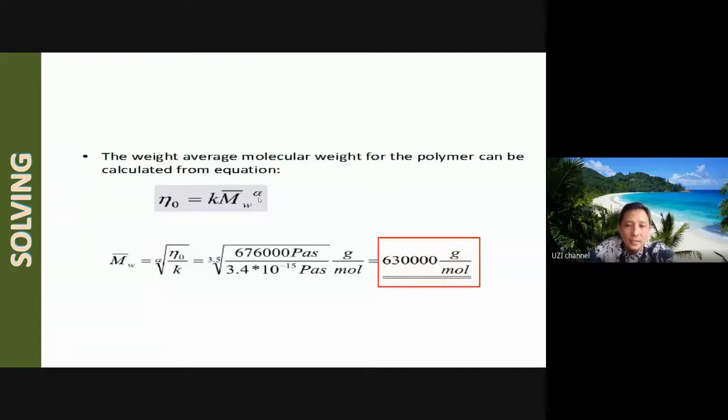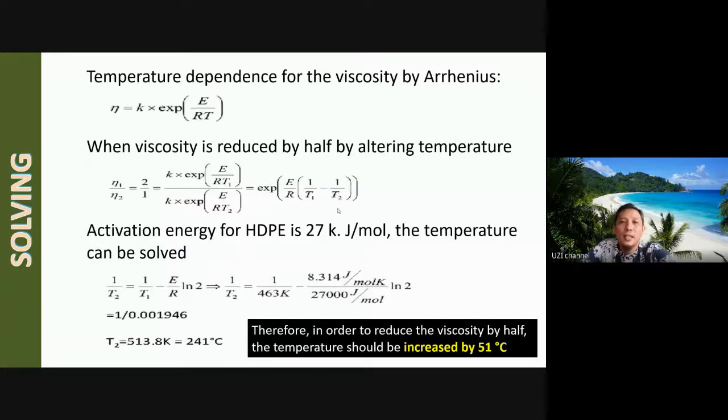After entering the values into these equations, we get the molecular weight of 630,000 grams per mole, and then using Arrhenius, we can get the final calculation of temperature. It's like this.